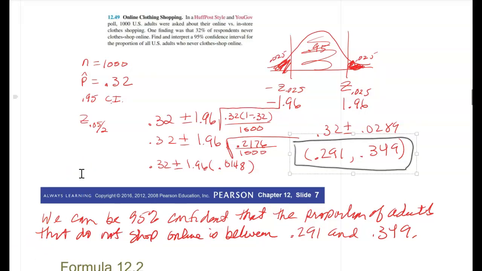To be a little easier to understand, we could be 95% confident that the percent of adults that do not shop online is between 29.1% and 34.9%. When you interpret, you want to write it in the most user-friendly language as possible.